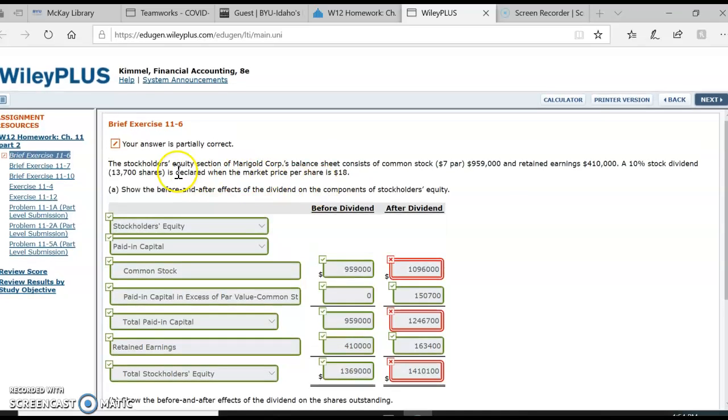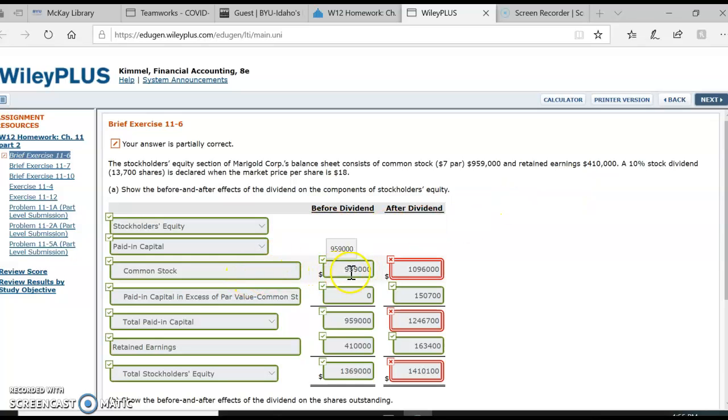So the question says that the stockholders' equity section of Marigold Corporation's balance sheet consists of common stock of $7 par value of $959,000 and retained earnings of $410,000.